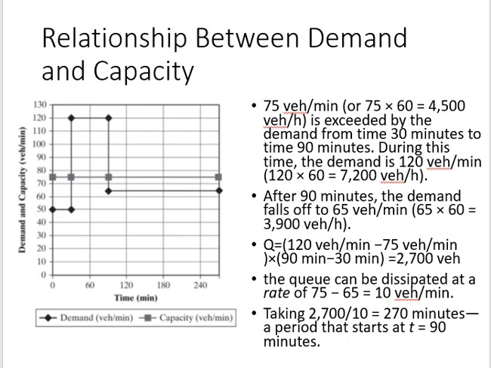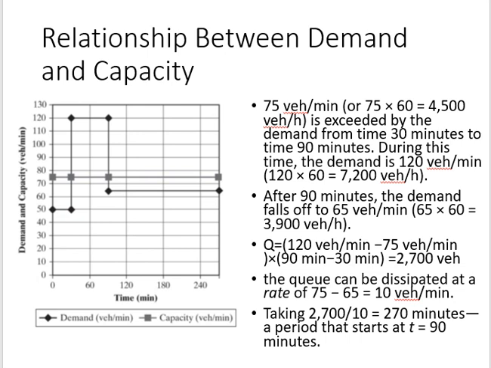Okay. Time 360. So from 0 to 360, how many vehicles arrive? In the first 30 minutes, we know. The next 60 minutes, we already calculated till 90, right? So after 90, they are coming at a rate of what? 65 per minute. And how many minutes are they? From 90 to 360, 270 minutes, right?